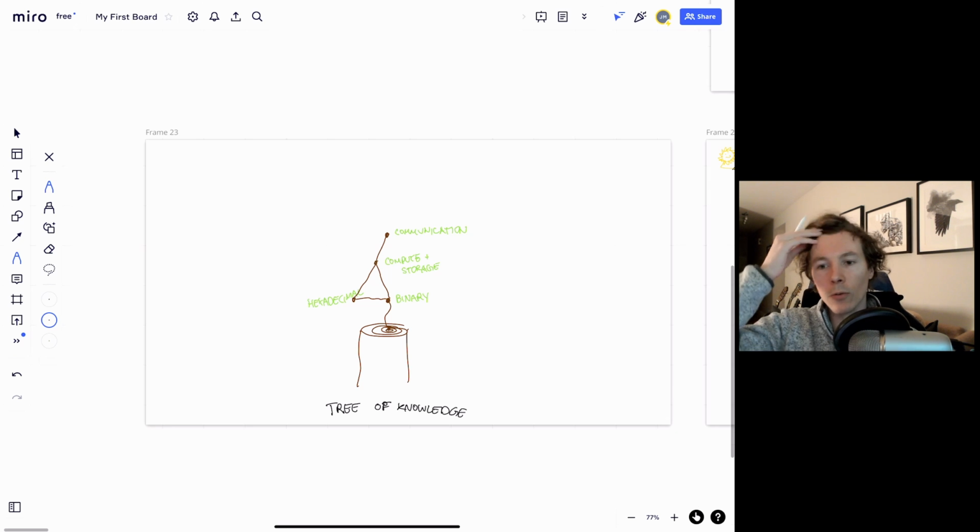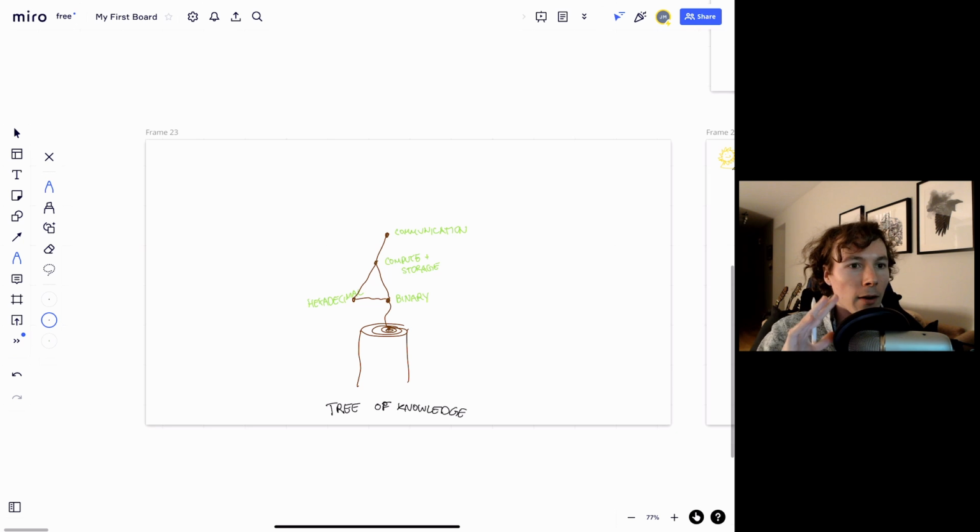Okay then, so we got to this point where we understand binary and hex, so we know how data is stored, how it's represented in a computer. We know that devices like computers have an interaction between their compute, their CPU, and their storage, where they keep the binary, right?